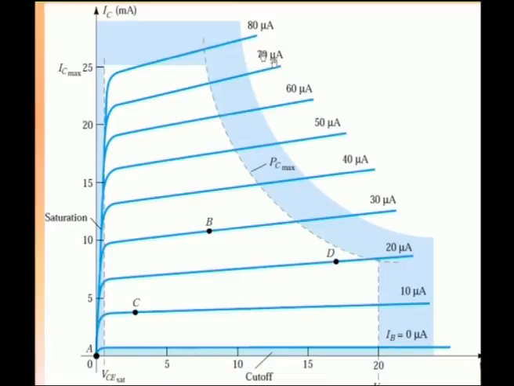We know that the IB current is in the range of microamps or in some cases nanoamps. So, below IB equal to 0 we have the cutoff region, and here this is the active region. We know the basic assumption that the operating point must be present in the active region. We will see these operating points one by one, to see which one gives you the maximum excursions for the output.